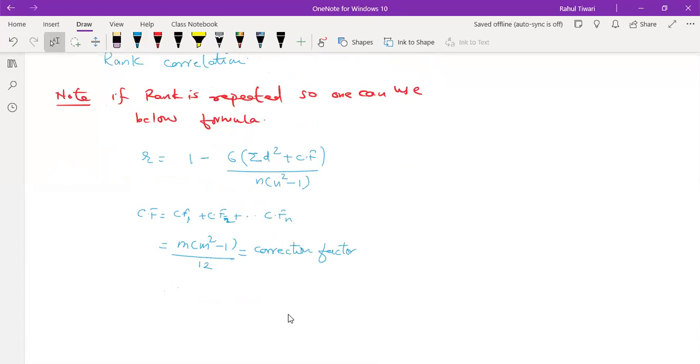And m is the number of times that observation is repeated.